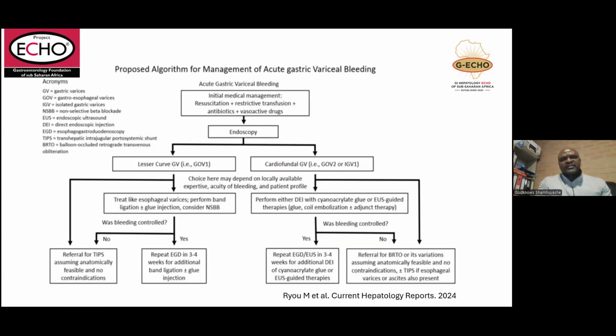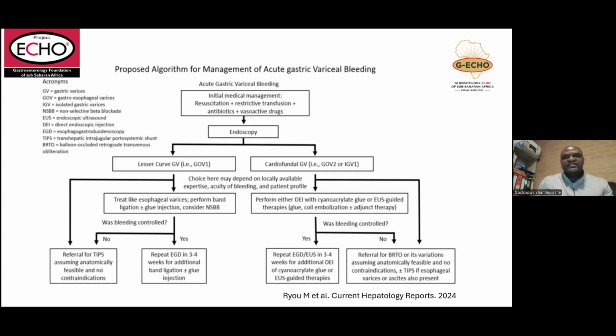So in terms of management of acute gastric variceal bleeding, this flowchart just summarizes how you can manage them depending on the location of the varices, whether they are on the lesser curvature or they are cardiofundal, and also the modalities which you can use, and whether your bleeding was controlled or not.